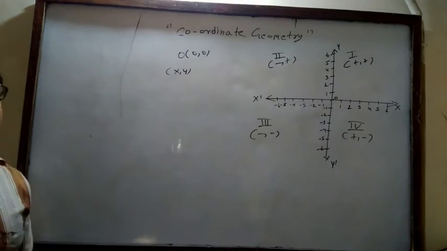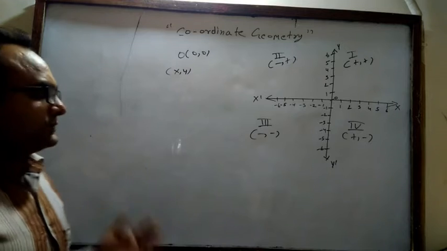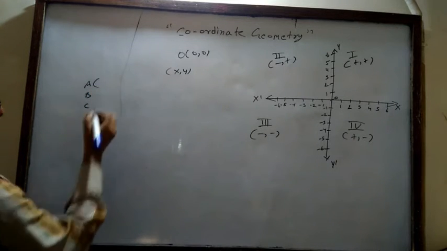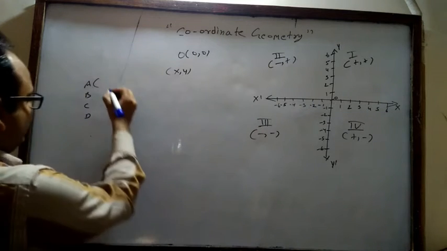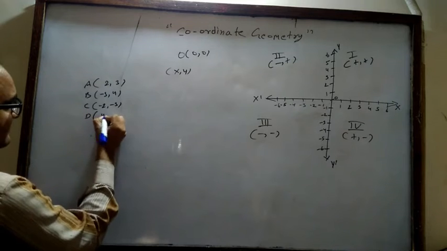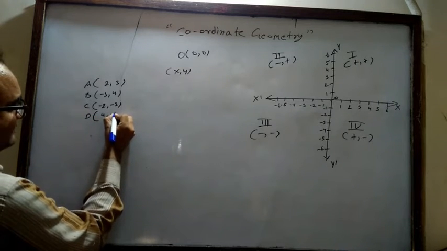Now we have four points: a is 2 comma 3, b is minus 3 comma 4, c is minus 2 comma minus 3, and d is 4 comma minus 4.